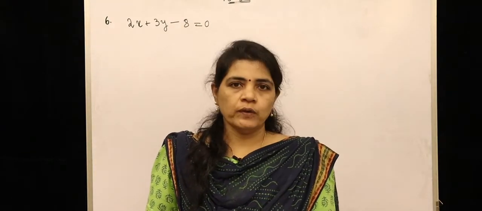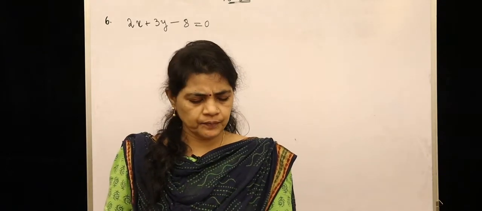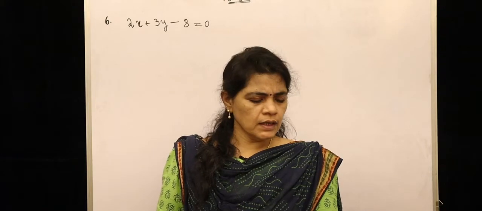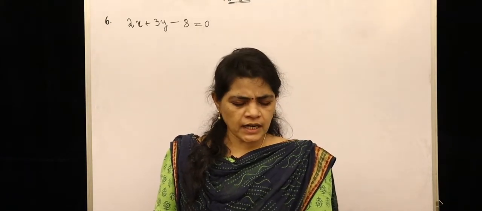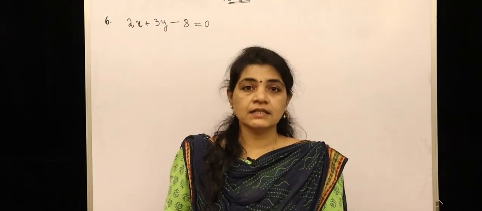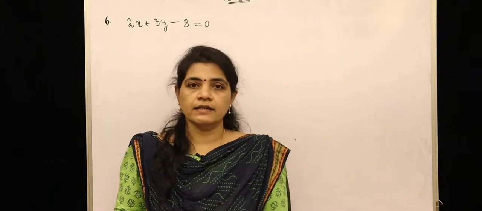Given the linear equation 2x plus 3y minus 8 is equal to 0, write another linear equation in two variables such that the geometrical representation of the pair so formed is intersecting lines, parallel lines, and coincident lines.